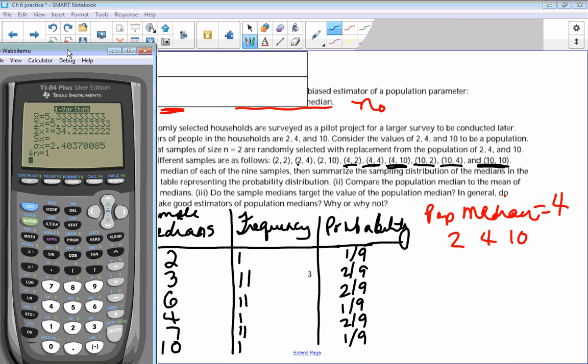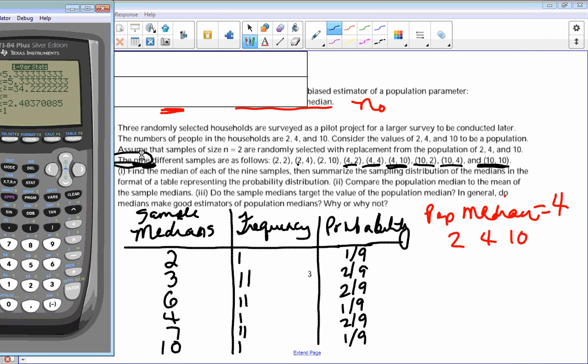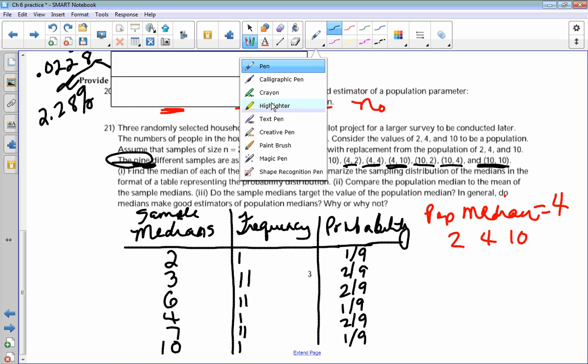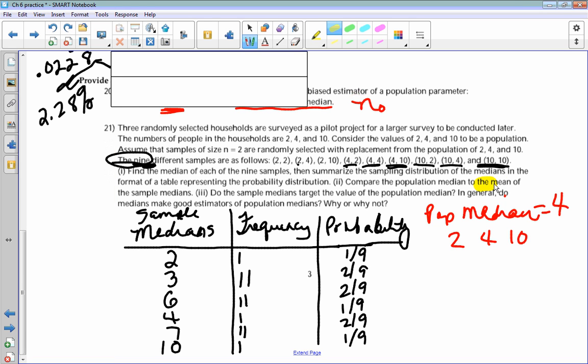Well, I went ahead and got it before I read, but I knew I was going to need them because once I did this, find the median of the 9, we summarized, we did that. We want to compare the population median to the mean of the sample medians. So we want the mean of the sample medians.